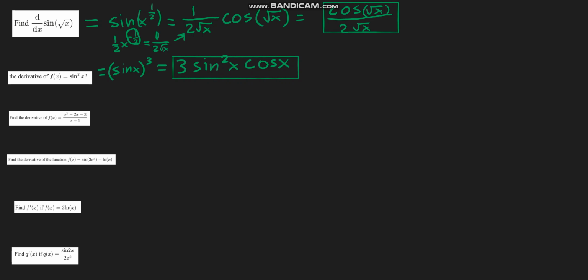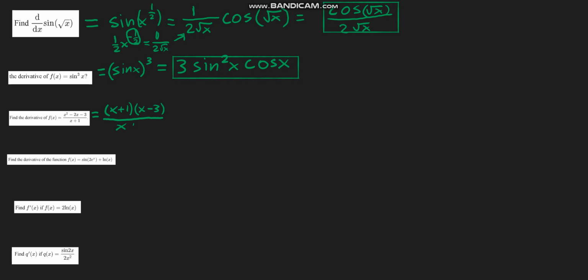Okay, x squared minus 2x minus 3 over x plus 1. Okay, so a little shortcut you can do here. If you try to factor the top out, you could do x plus 1 times x minus 3, because 1 times negative 3 is negative 3, and 1 minus 3 is negative 2, which matches with the equation.